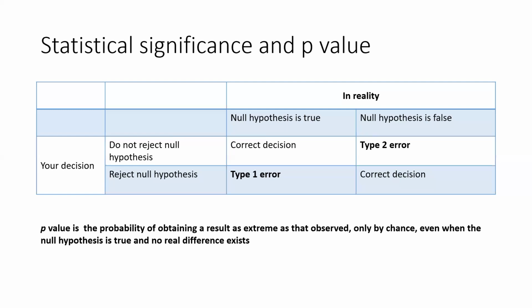Yes, we don't use that 95% value as such. But if that error is less than 5%, the probability of coming to an erroneous conclusion is less than 5%.